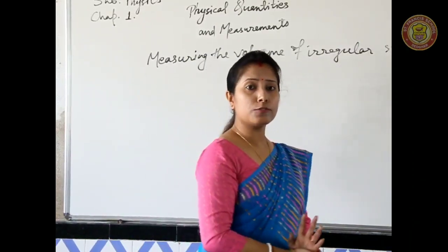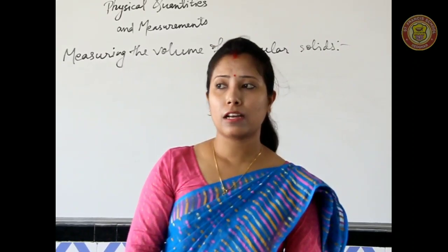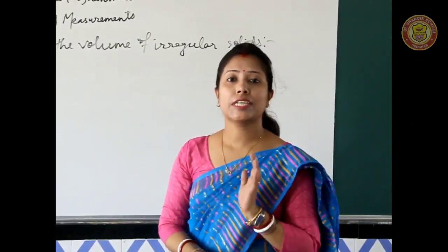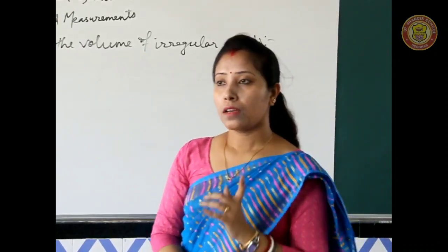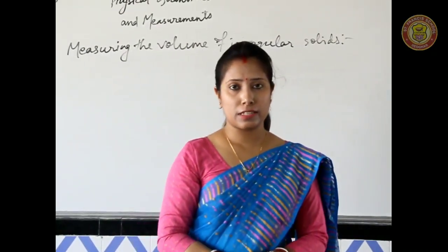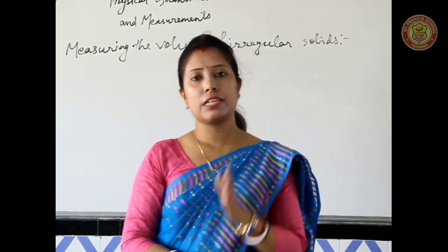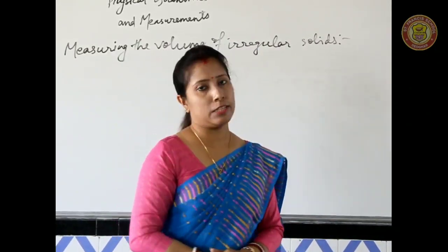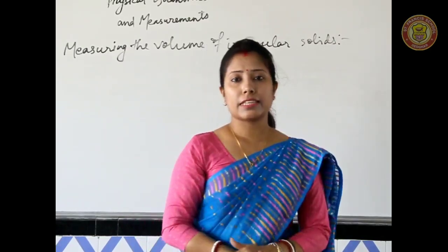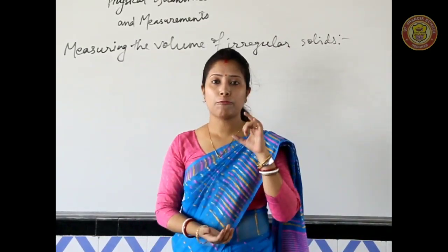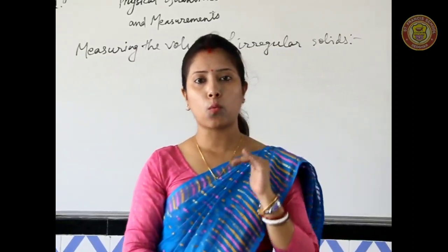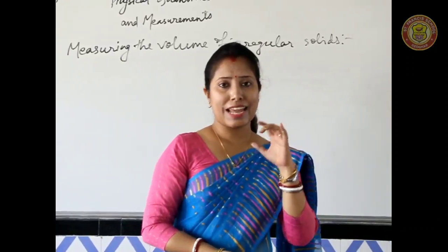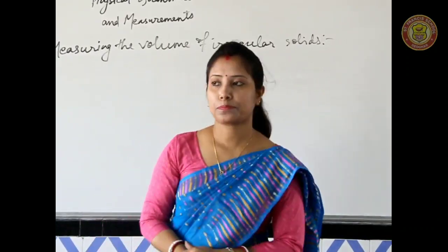In order to find the volume of that irregular stone, we need a measuring cylinder. We all know the measuring cylinder has a graduated scale marked on it. We will take the measuring cylinder and fill it half with water, or you can fill it as per your requirement.